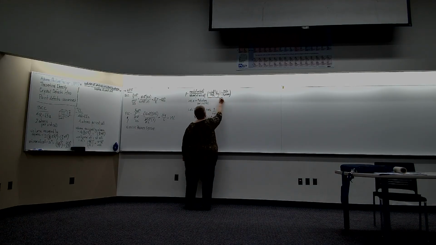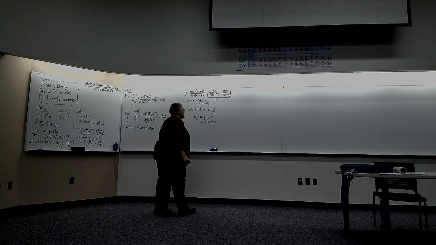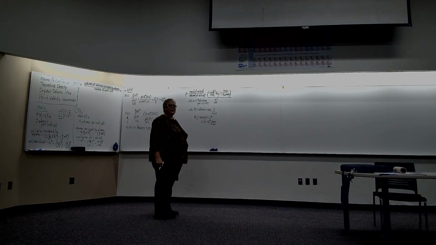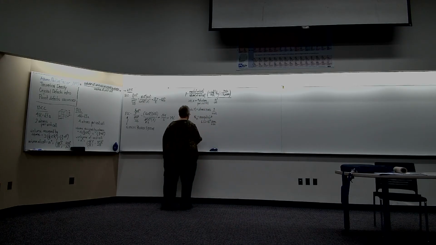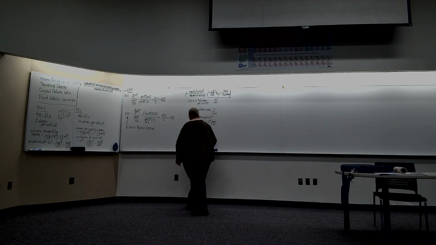Now I want the volume of the unit cell. Well, that's easy: a cubed per cell. But rarely can you look up the lattice parameter a, so let's convert that to atomic radius.